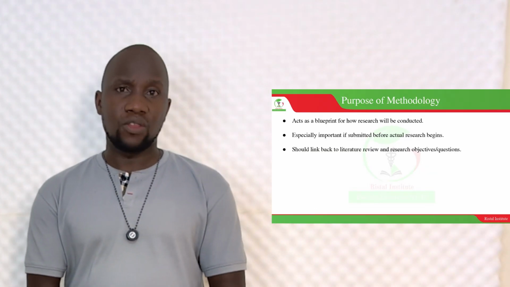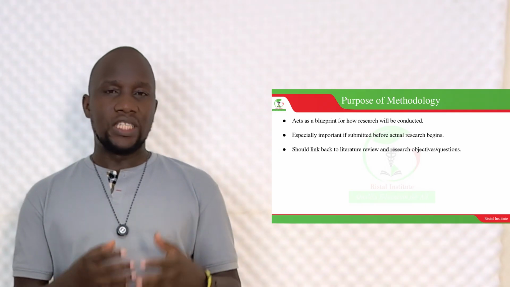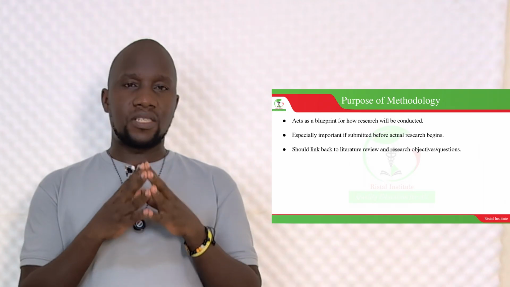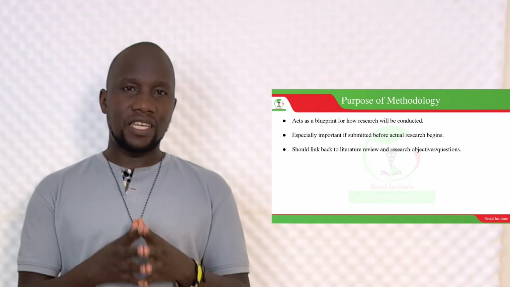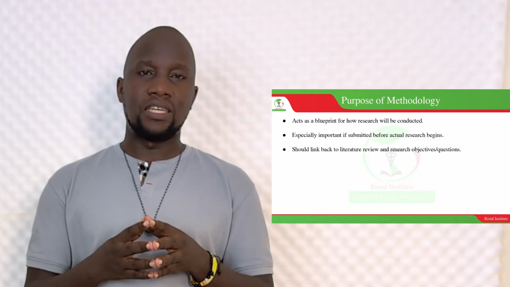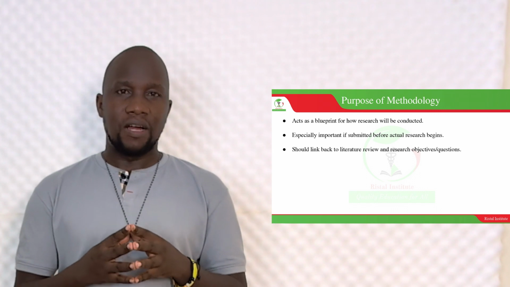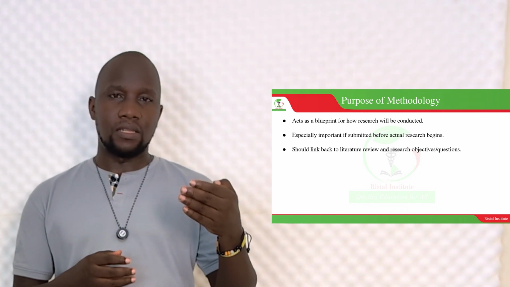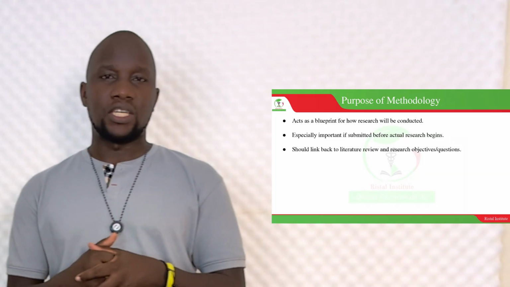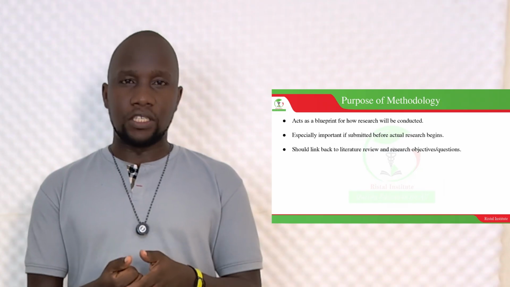So why do we write the methodology? Some of the reasons, I've already mentioned them, which is that the research methodology gives us what we are calling here the blueprint for how the research will be conducted or how the research was conducted. Of course, you need to have the methodology chapter in your proposal. You also have your methodology chapter in your research report.